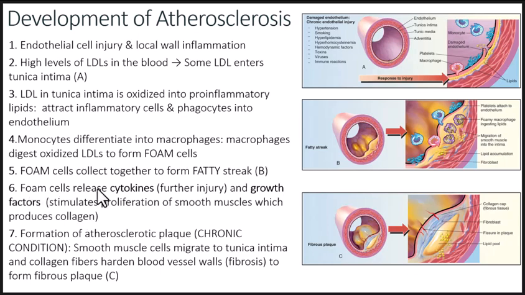Foam cells, okay, what we just spoke about, are going to promote further injury in the state that they're in. They're going to release these cytokines. Cytokines are like cell signaling, so they kind of get stuck where they are and they just start sending out all of these chemicals in an uncontrolled way. And this promotes further injury.